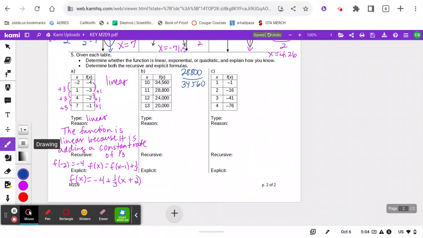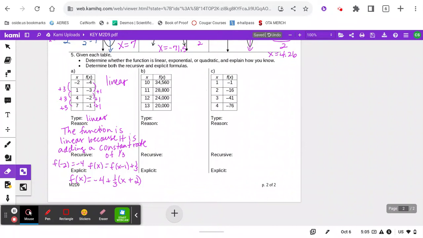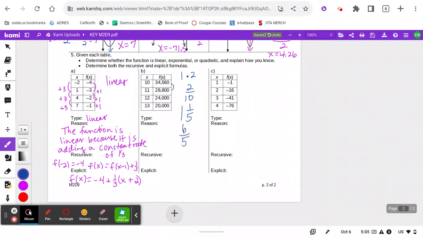Divided by 1.2 is the decimal that's coming out. But I want to know if you can figure that out as a fraction. Do you know what 0.2 comes out to? 0.2 is 2/10 or 1/5. So if this is dividing by a 1.2, it's 1 1/5 or 6/5.